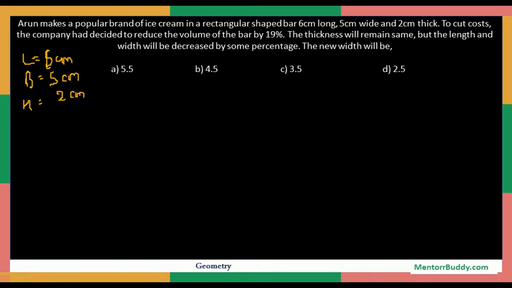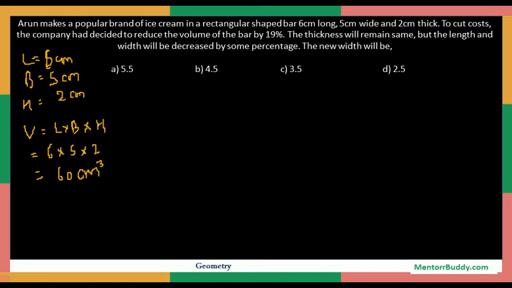Now the question is to reduce the cost. First I'll figure out the original volume. So volume will be length into breadth into height. So length will be 6, breadth is 5 and the height is 2. Solving this, that will be equals to 60 centimeter cube.